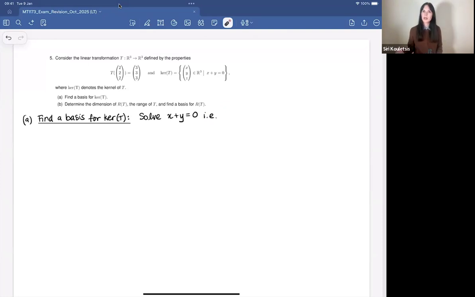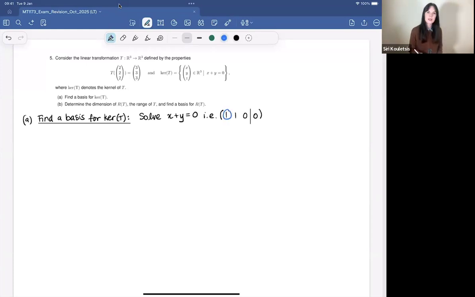If we take this equation and write it in matrix form and then create the augmented matrix, it's going to look like this. Now this is already in reduced row echelon form, so nothing other than what we did before.